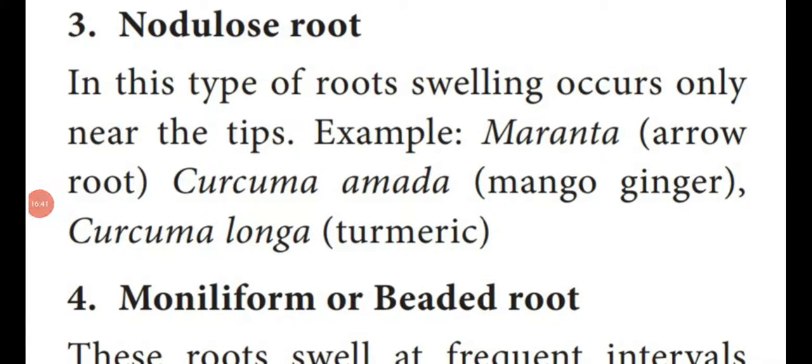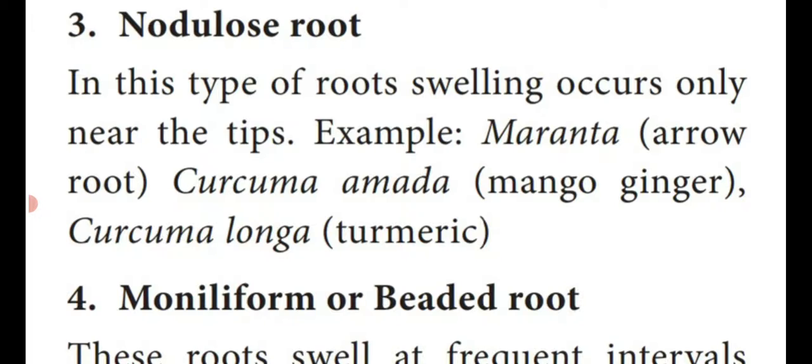Dear students, next we are going to see the third type, that is nodulous root. In this root, the swelling occurs only at the tip of the roots. Near the tip of the roots only, they are showing the swellings. That is known as nodulous root.